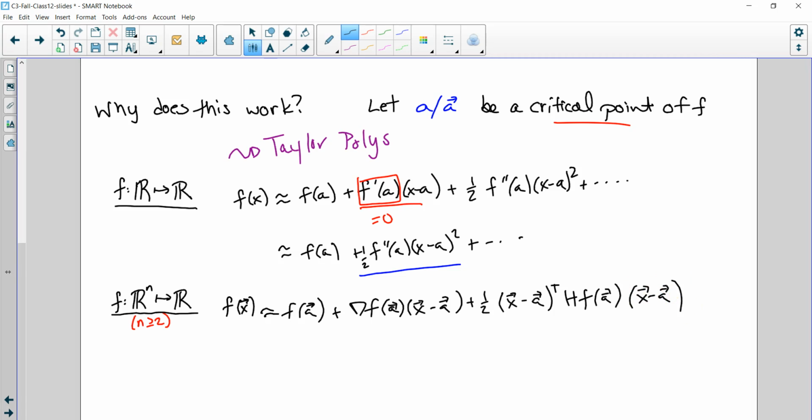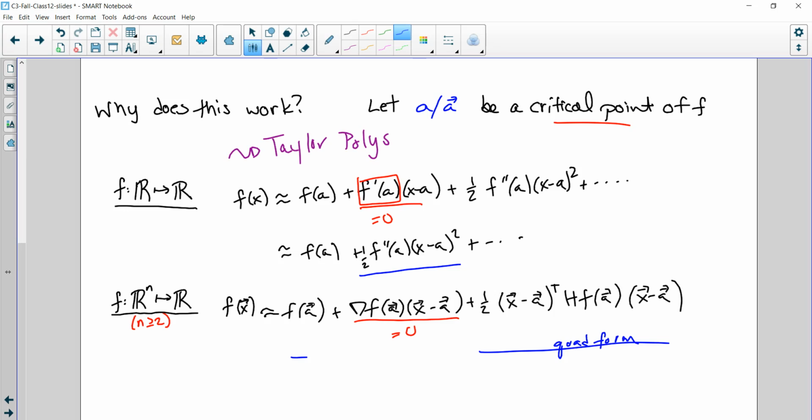Because of the way we are finding critical points, the gradient term is just 0, and what we end up with looks very much like a quadratic form. So this is a quadratic form on its own, and then we have a shift.